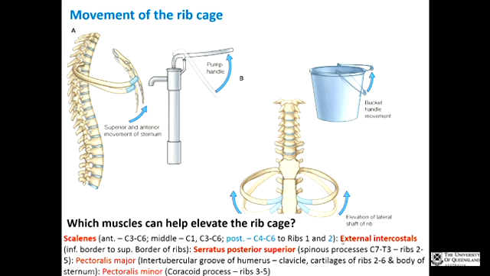The external intercostals are the ones that are involved in inspiration, active inspiration. If you think about the external intercostals, if you remember, you put your hands on the side of your thorax, the direction of the fingers effectively indicates the direction of those fibers. And if you move your hand back, I can't move it right round to my posterior surface.